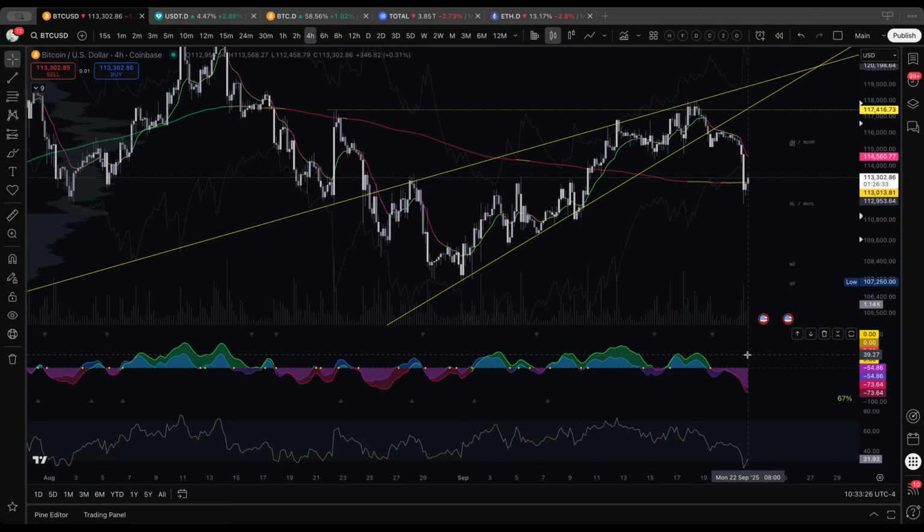I also developed this indicator, which is called Swell, and Swell is really neat. It's my indicator that blends market pressure as a leading signal with money flow as a confirmation.